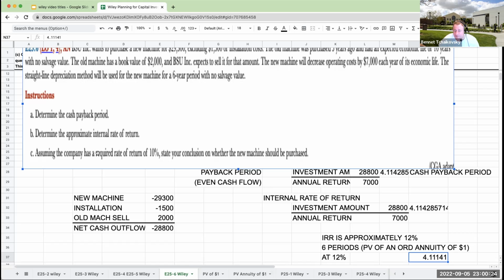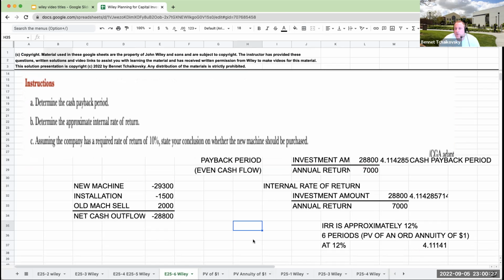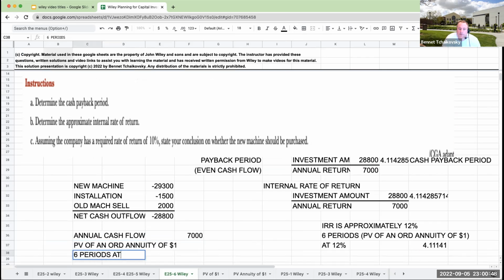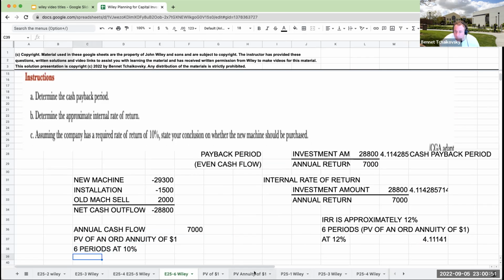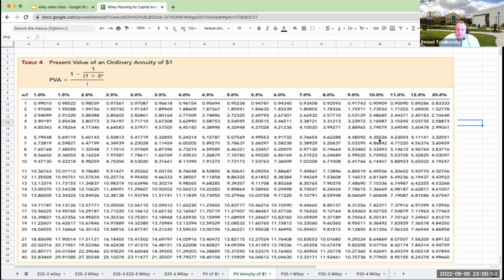The answer is yes, because if we do this at 10%, we're going to have a positive net present value. Let's just do it for fun. I take my annual cash flow of 7,000 and go to the present value of an ordinary annuity of $1, 6 periods at 10%, because that's the rate the company wants us to use. The factor is 4.3553.